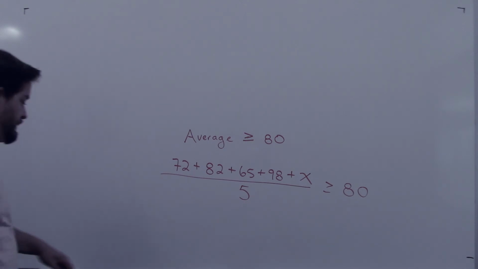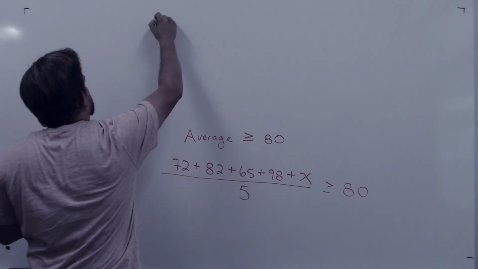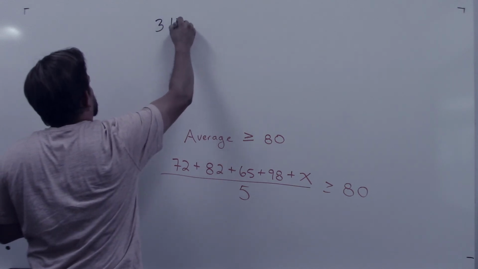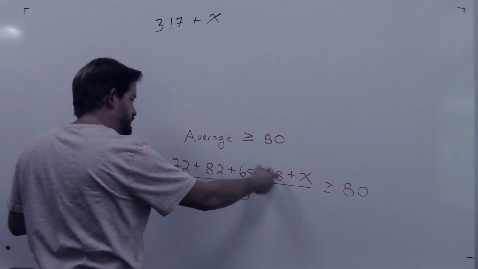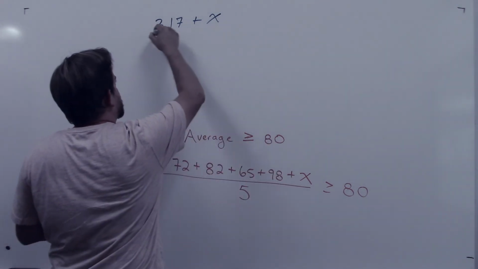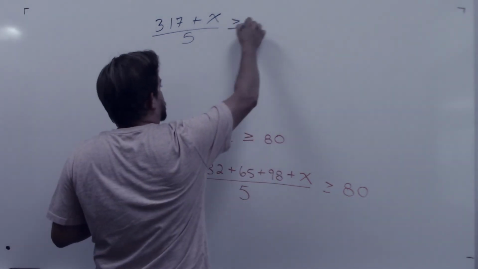That ends up being 317. Still plus x, right? I can only add the ones that are numbers, so that's 317, still plus the x divided by the 5, right? That all has to be greater than or equal to 80.